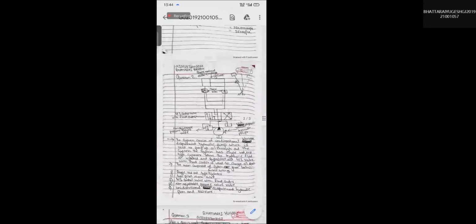So for question number 2, this hydraulic system consists of a single rod end double acting cylinder. The main part of this hydraulic system is the cylinder, because the fluid always fluctuates as it moves within the cylinder.